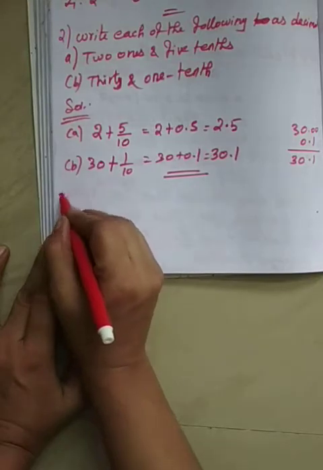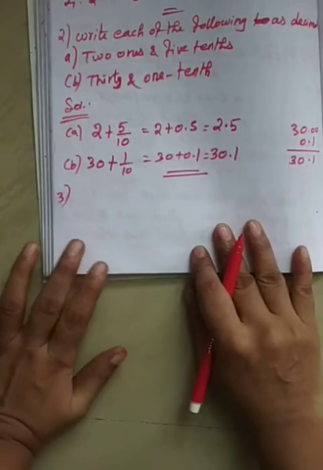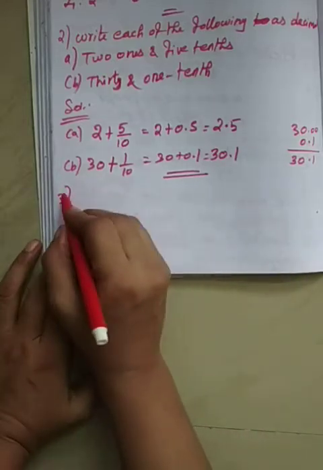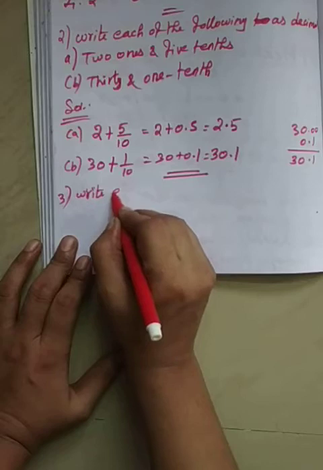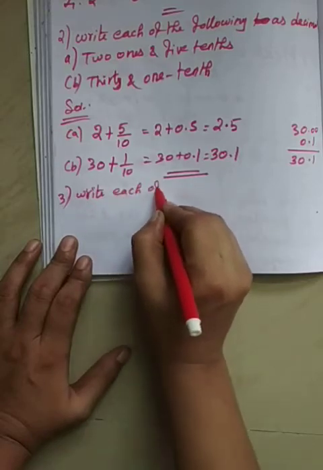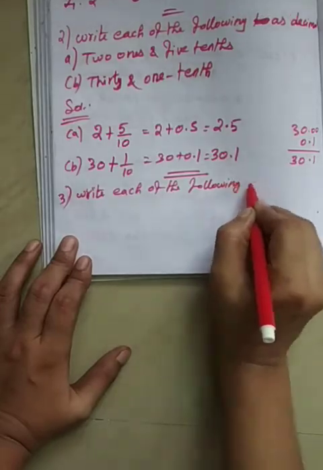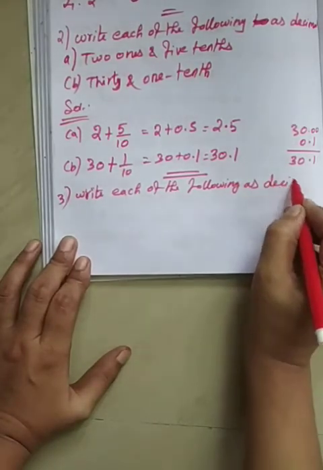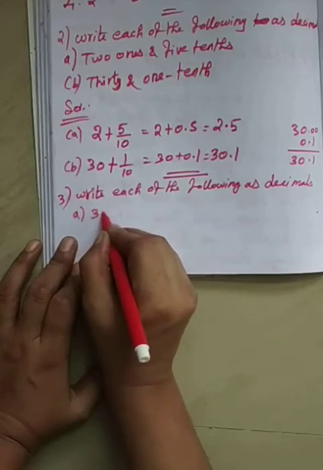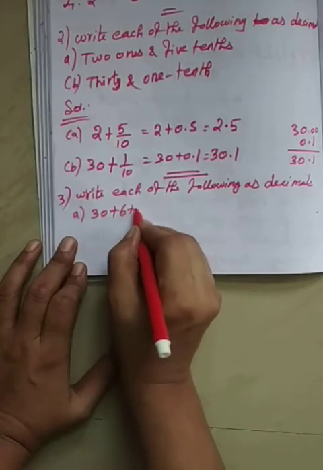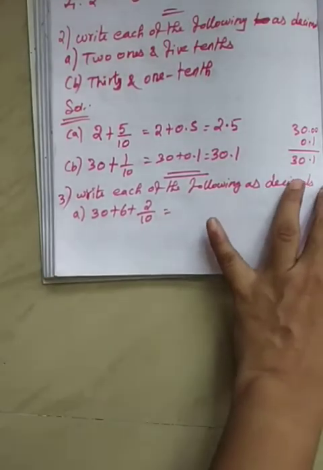Now we see the third one. Write each of the following as decimals. Same question. See here the first one, 30 plus 6 plus 2/10. How can you write that one?